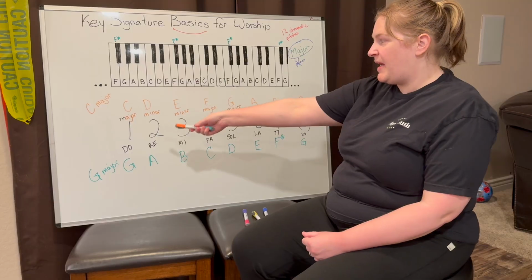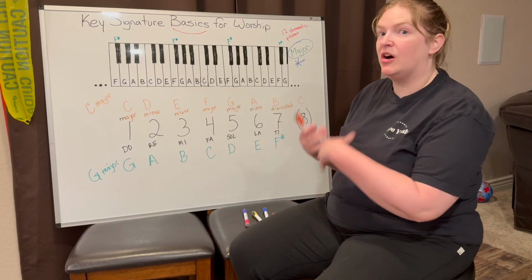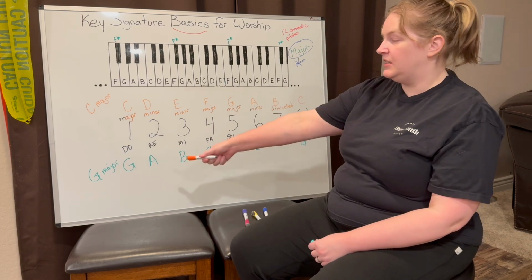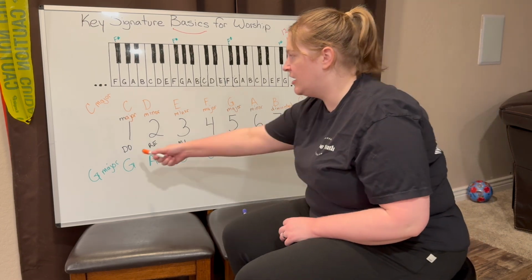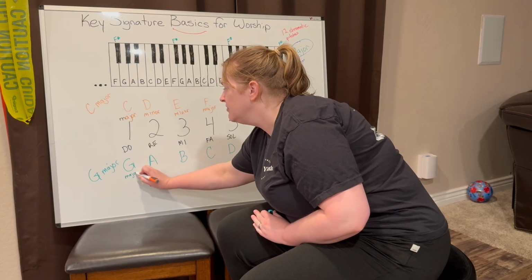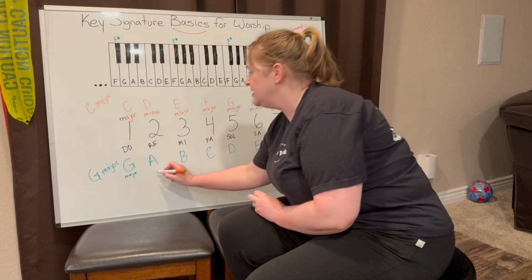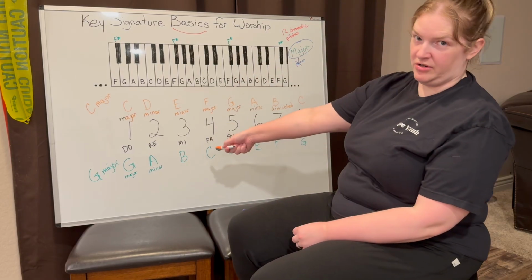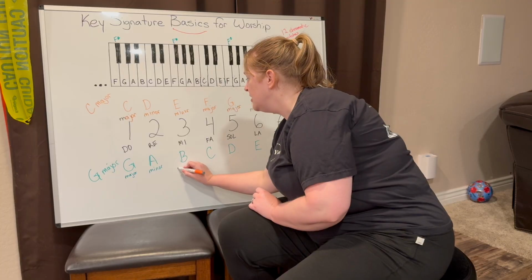So this pattern follows for all of our key signatures, which means that in the key of G major, our first chord is G major. Second chord is A minor. Our third chord is B minor.